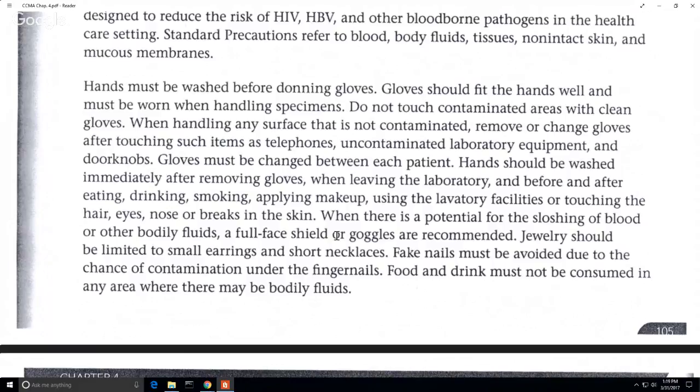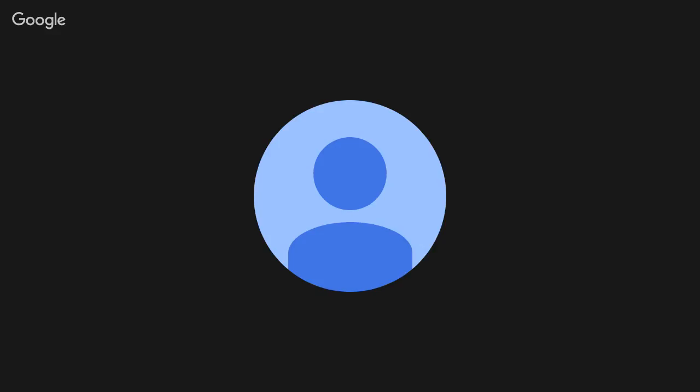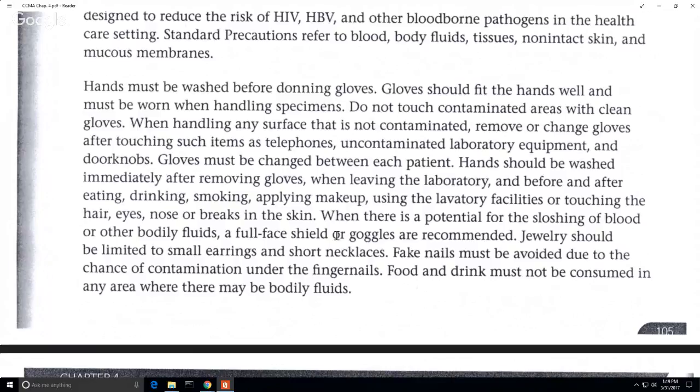So gloves should fit the hands well and must be worn when handling specimens. And do not touch contaminated areas with clean gloves. Because once you put the gloves on, if you touch the contaminated area, you cannot use those gloves for the test again. You have to throw them and put on a new pair.